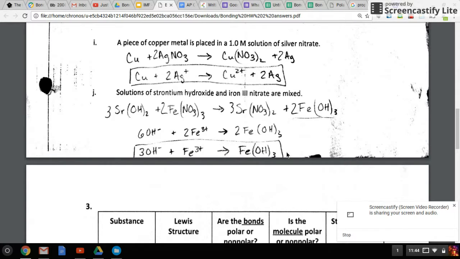Okay, question 2 on the homework asks about the intermolecular forces. So, intermolecular forces affecting atoms from weakest to strongest. We would start with London dispersion forces, and that's also called an instantaneous dipole, because when we say that the electrons are being shared equally, it's not equal all the time.